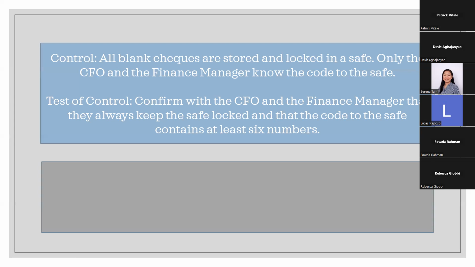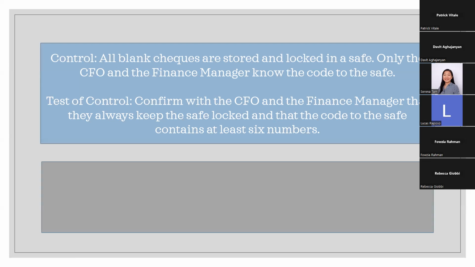So the issue here is that we're not doing enough, right? What we should be doing is talking to management and asking where the blank checks are. Maybe if you have time, you go there, look in the safe: are they actually there? The test of control doesn't mention where the heck the blank checks are. Number 2, we're not testing the second control, which is that only the CFO and the finance manager know the code to the safe. What you want to do is ask them, are they the only ones that have access to it?